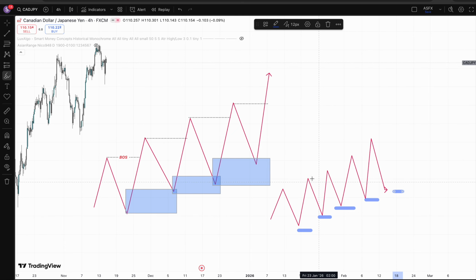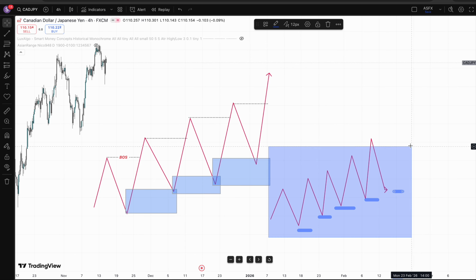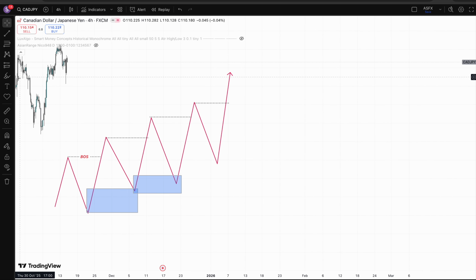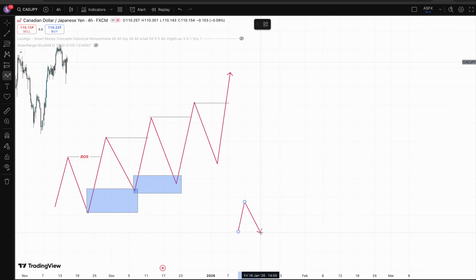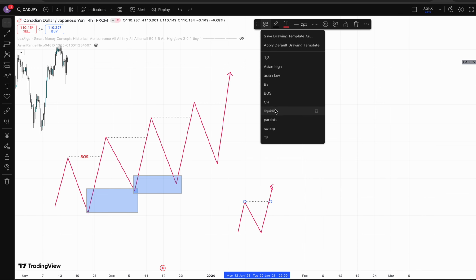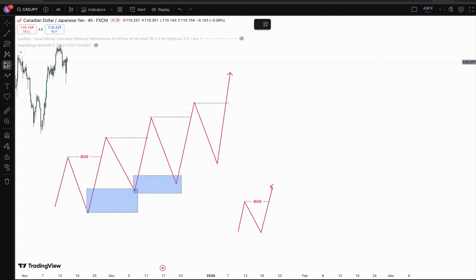No, guys, it's not that easy. So now I'm going to illustrate to you how the market actually moves. Whenever there's a break of structure, which means when the market takes the previous high out, the market will then have to retrace.